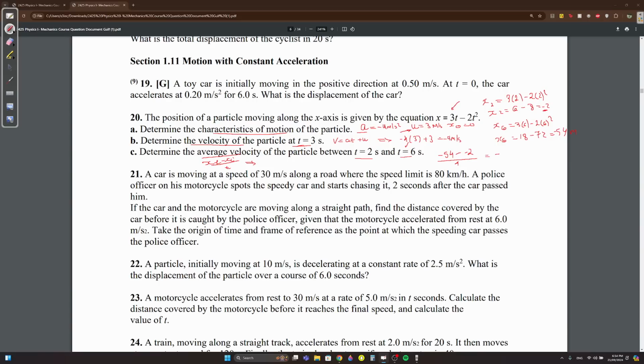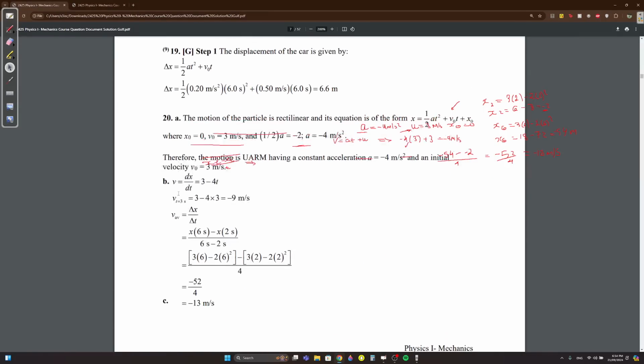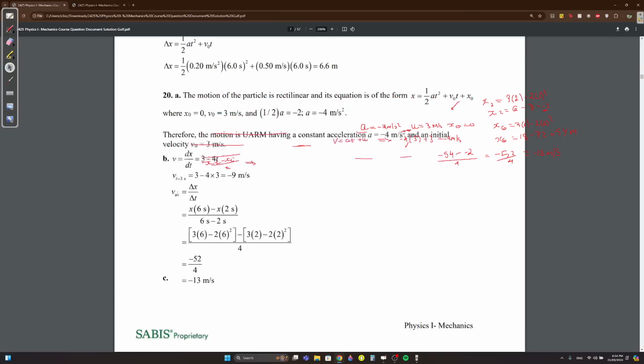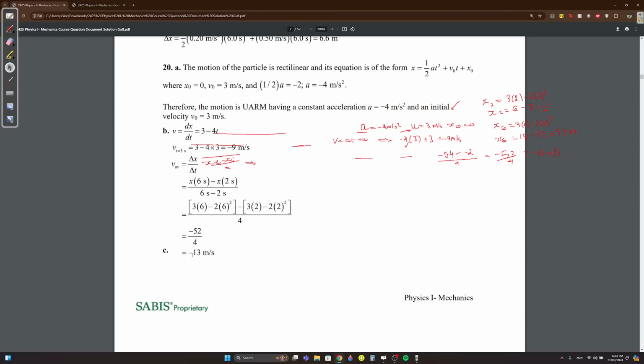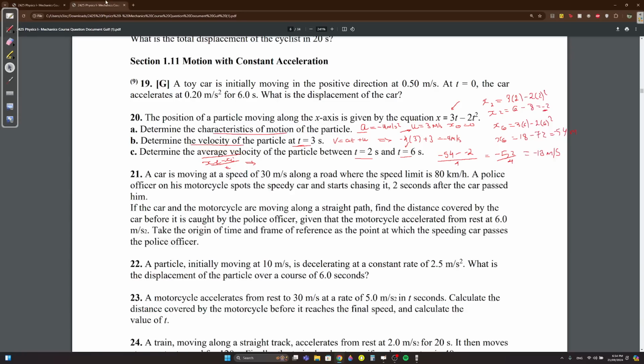So you get negative 52 over 4, which is negative 13 meter per second. Right? What is dx over dt? They use derivative. Okay, wait. I'll get to the derivative in a sec. C is negative 13 meter per second.